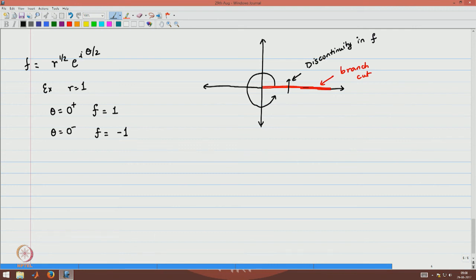Okay. So the square root function will always show this jump across this line. Now notice that on the other side you don't have a jump. Okay.